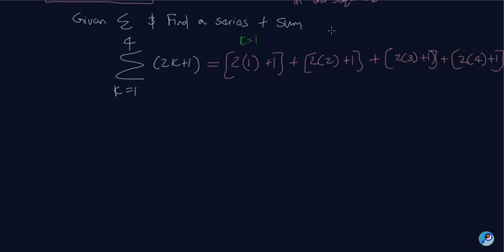This is k equals to 1, k equals to 2, k equals to 3, and then k is equals to 4. So lena is 2 times 1, that's 2 plus 1 is 3, plus 2 times 2, 4 plus 1 is 5, plus 2 times 3, 6 plus 1 is 7, plus 2 times 4 it's 8, plus 1 it's 9. So this is series here manje.